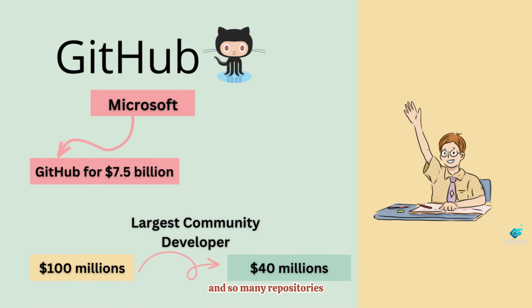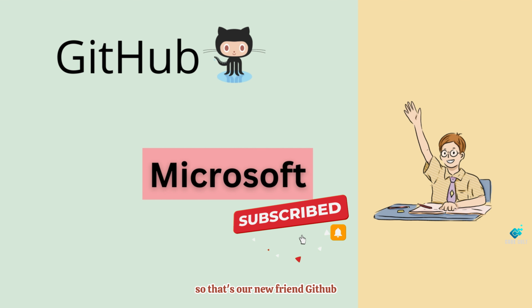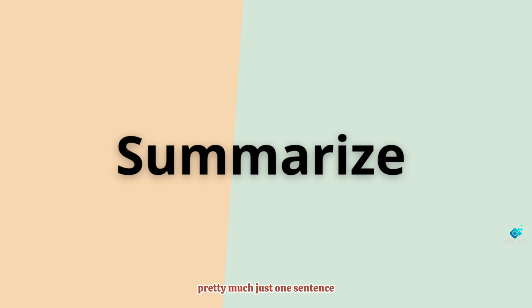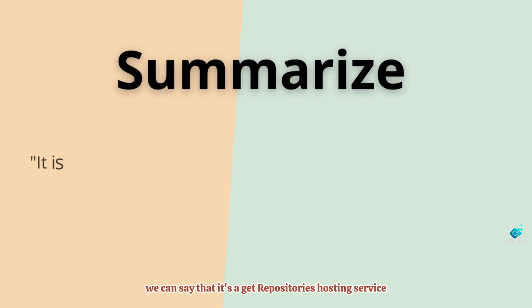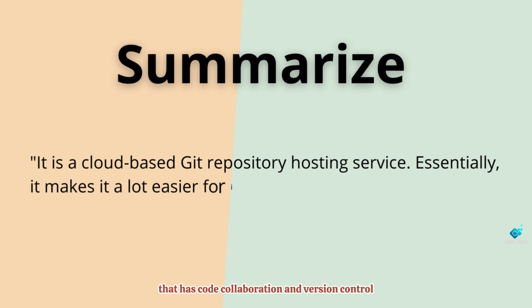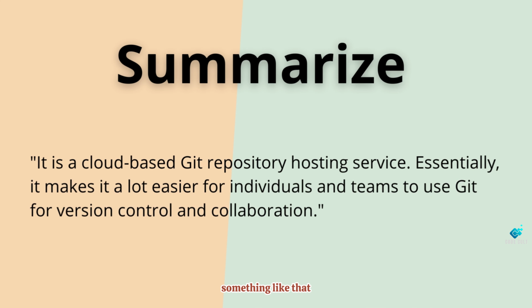So many users and so many repositories, as well as being backed by Microsoft. Not bad, guys, right? So that's our new friend, GitHub. And if you would like to summarize in just one sentence what GitHub is, we can say that it's a Git repositories hosting service that has code collaboration and version control tools for repositories management. Something like that.